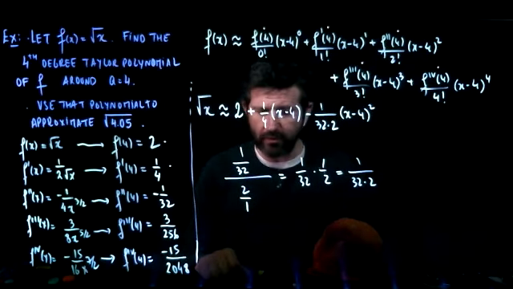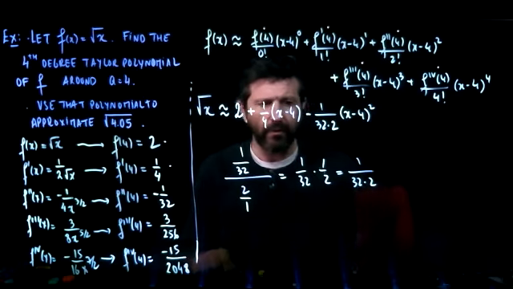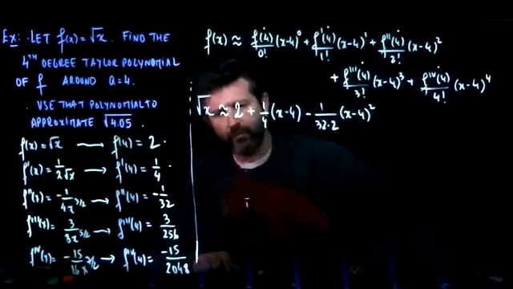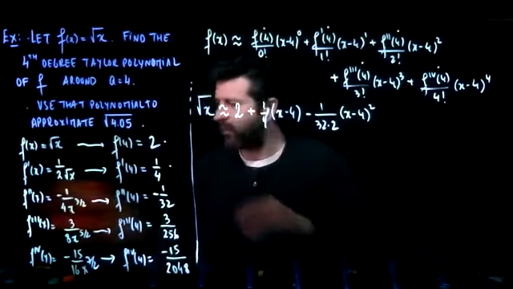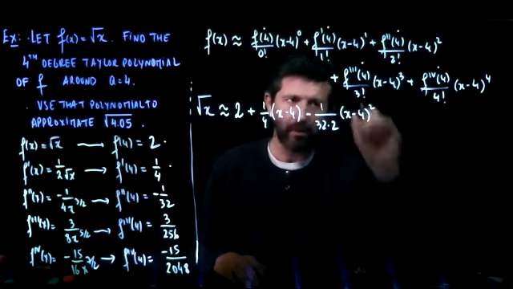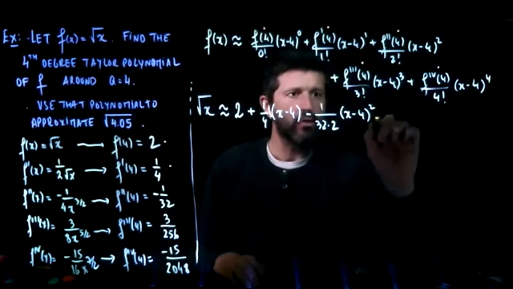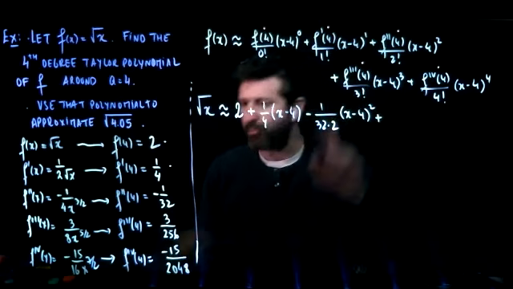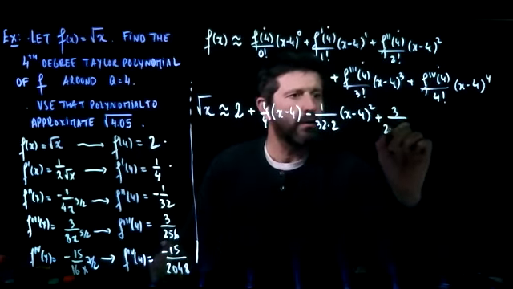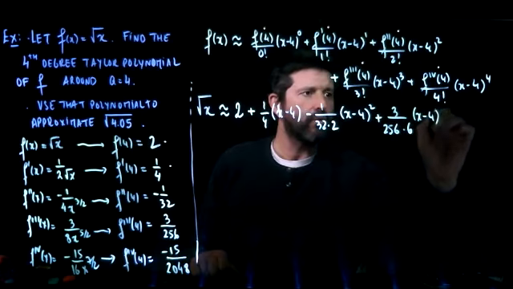Any other questions? Okay. So I'm going to continue. And again, if you hesitate, you stop me. So plus f prime prime prime, which is 3 over 256, times 3 factorial, which is 6, times x minus 4 cubed.